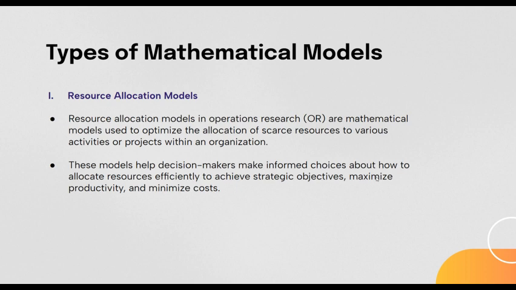These models help decision makers make informed choices about how to allocate resources efficiently. So decision makers को help हो जाती है in how to allocate their resources efficiently to achieve strategic objectives.